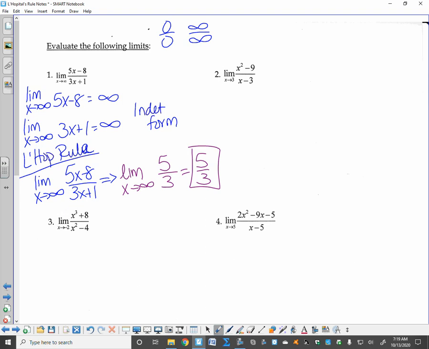So use your brain, and real quick, let's look at number 2. If I plug in a 3 to the top, that would be a 0. Plug a 3 into the bottom, that's a 0. Okay, so we're L'Hopital. Here we go. So I'm going to do the limit of the top. And I'm going to do the limit of the bottom. Notice I'm not writing it as a fraction.